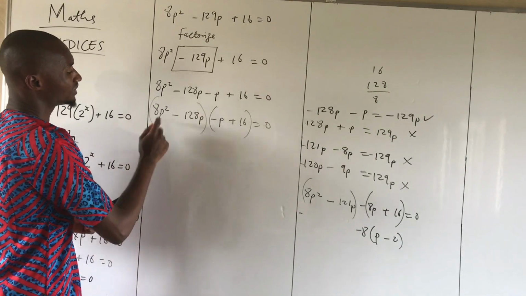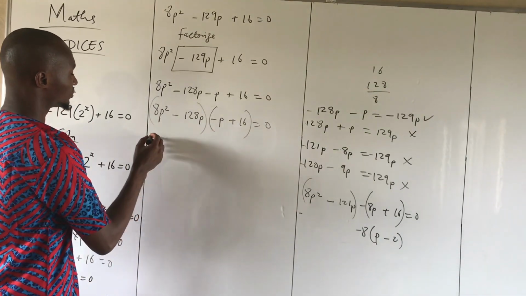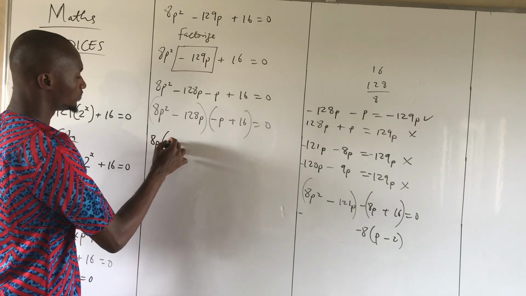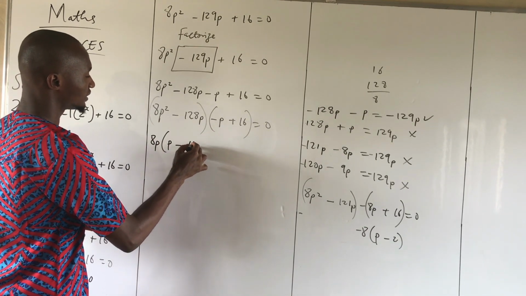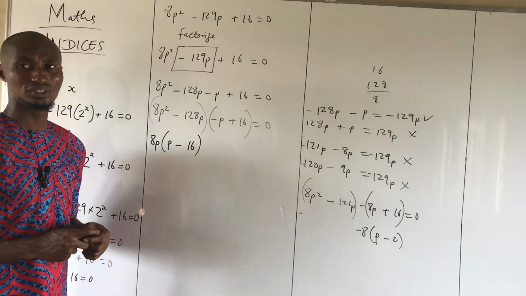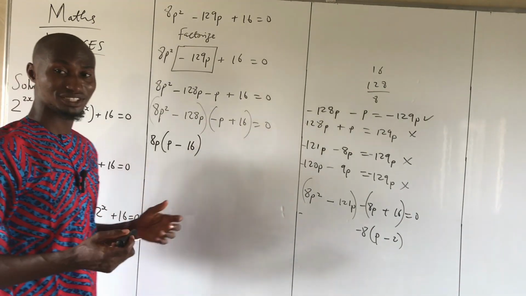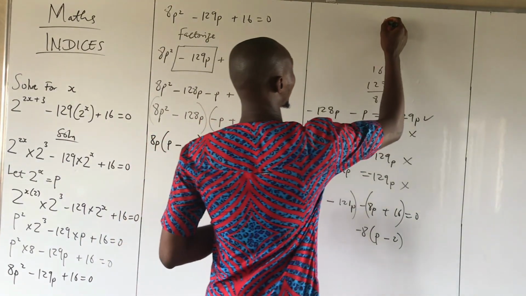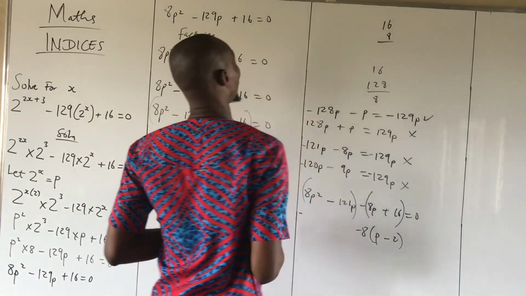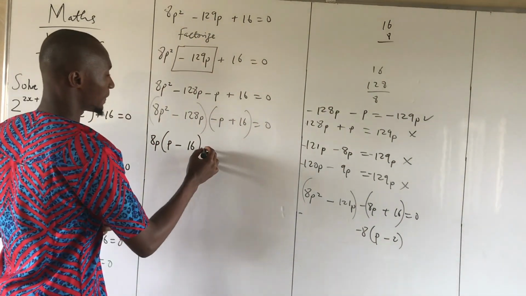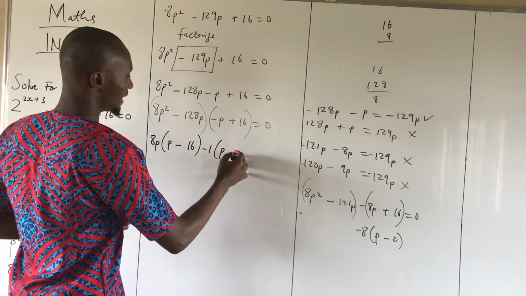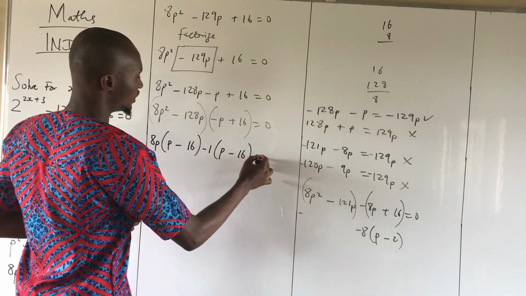So here, the common factor is 8, right? So write 8p into bracket p minus 16. Am I correct? 8 times 16 will give us 128, right? Then minus 1 into bracket p minus 16 equal to 0.